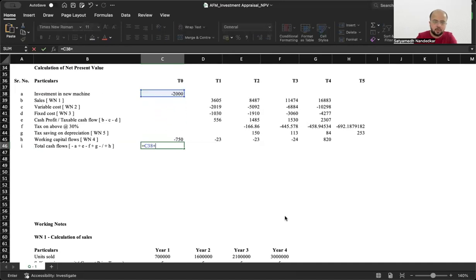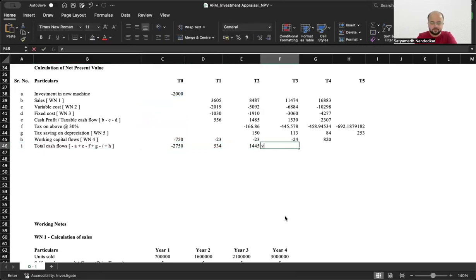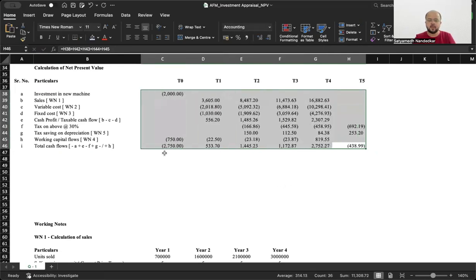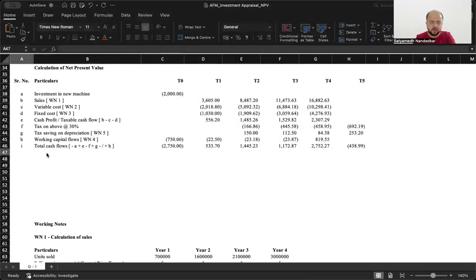Okay, pick A, after that put E, after that F, G and H. Now your entire cash flow information is ready.